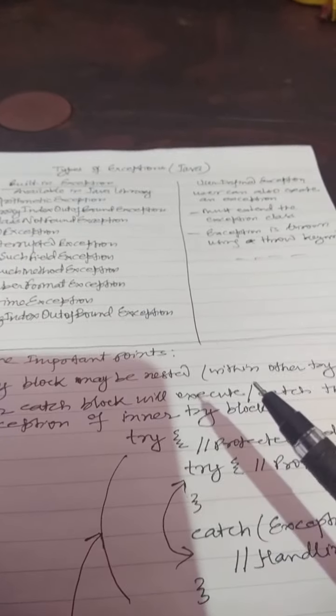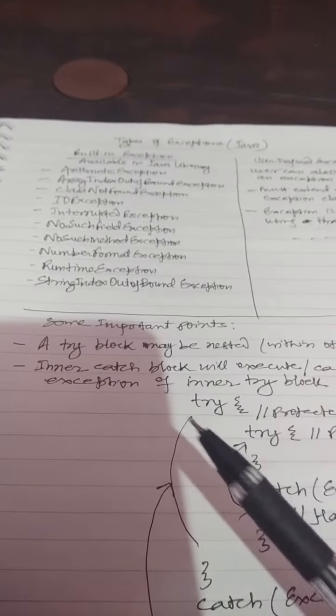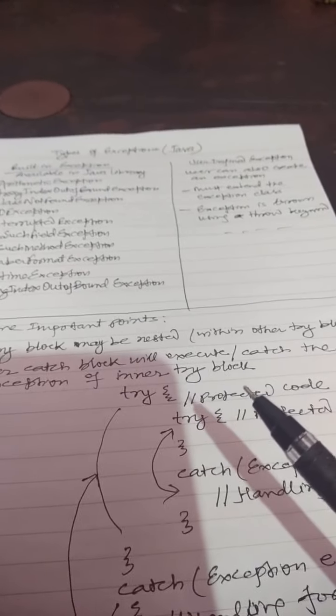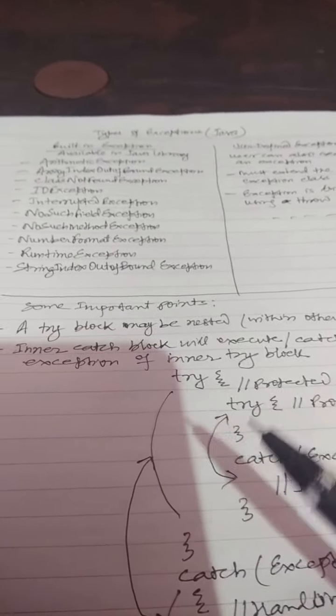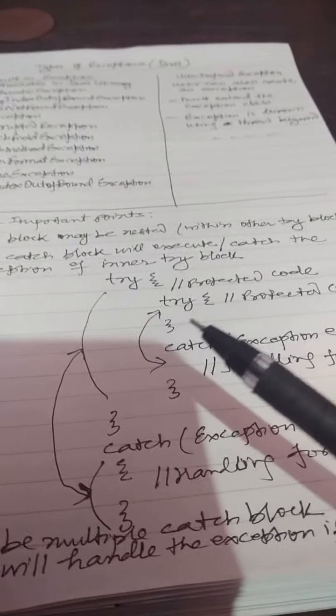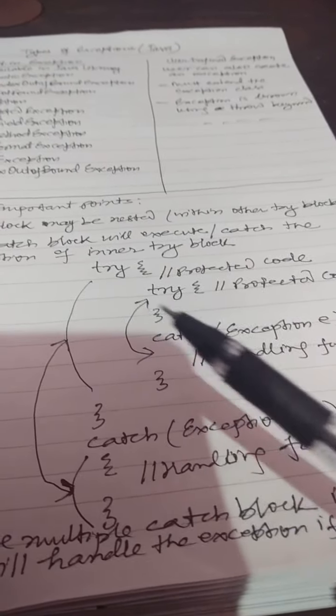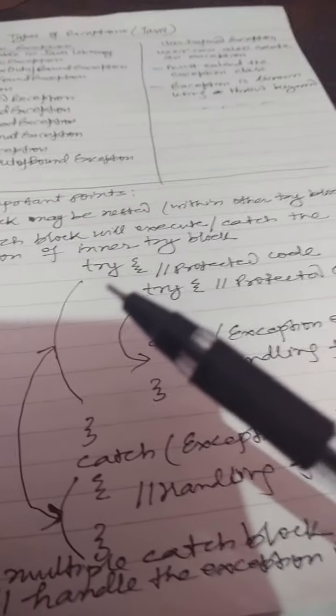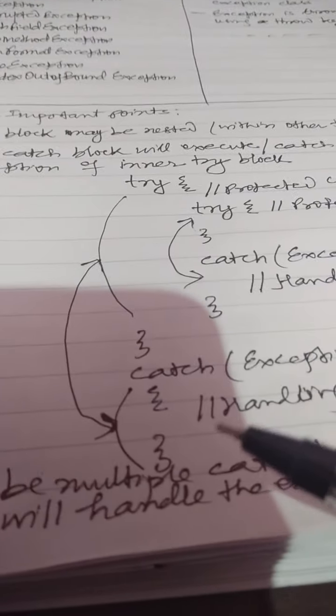So some important points to note. A try block may be nested also, meaning one try block within another try block. The inner catch block will catch the exception of the inner try block. I have given an example here where one try block is within another. This catch block will execute for this try block, and for the outer try block we have to write the outer catch block.